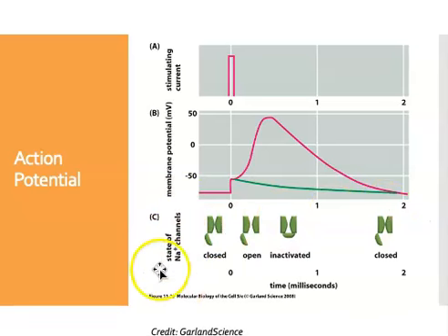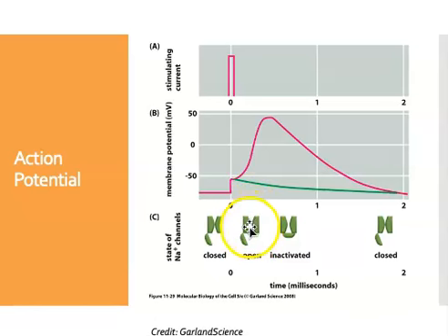At the bottom here, you're looking at the state of the sodium channels across time. So these are the sodium channels that are sitting in the membrane of that neuron, and we're seeing them in different states. When the channels are open, it means that the tunnel is open.